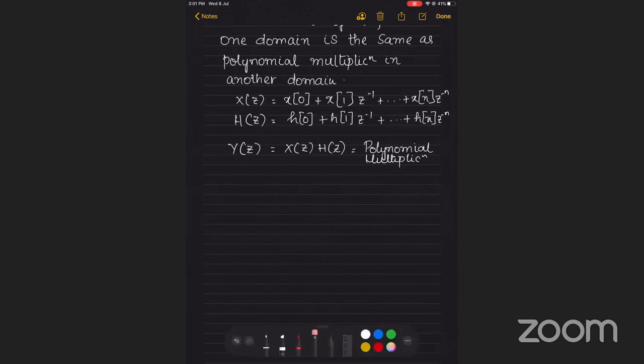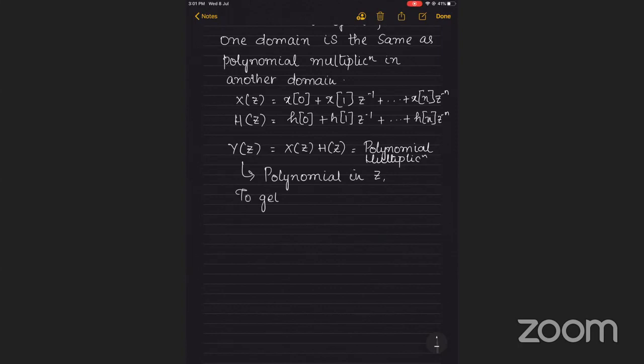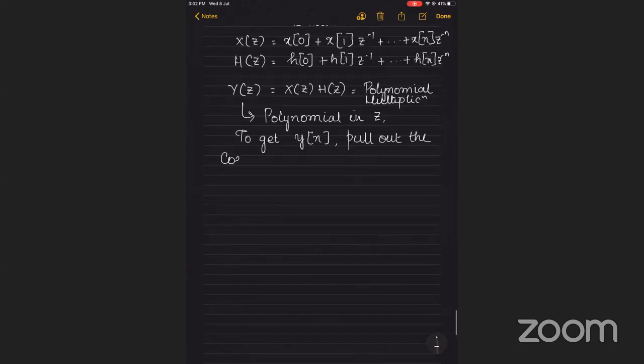Y of z in turn will be a polynomial in z. So to get y of n, pull out the coefficients of y of z. We will take an example.